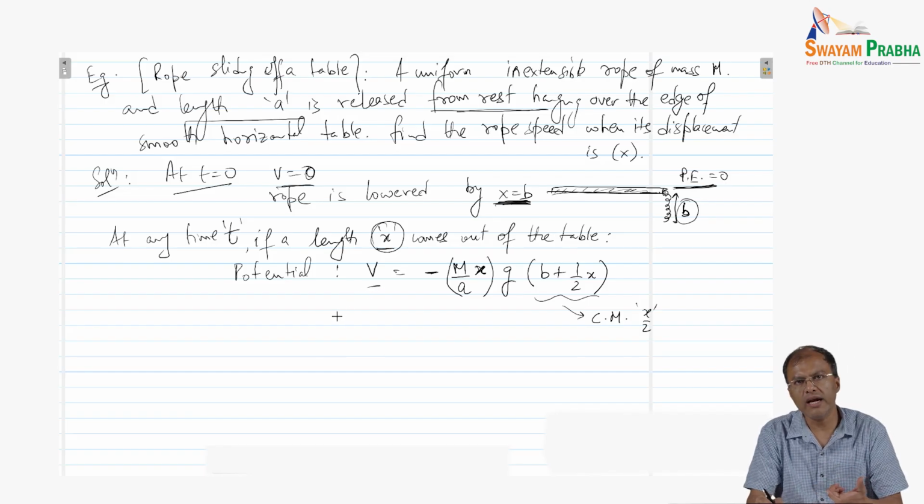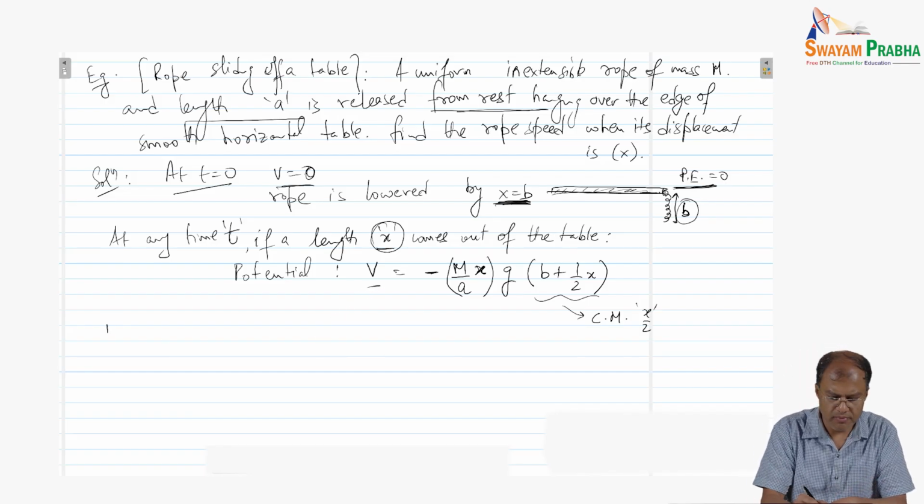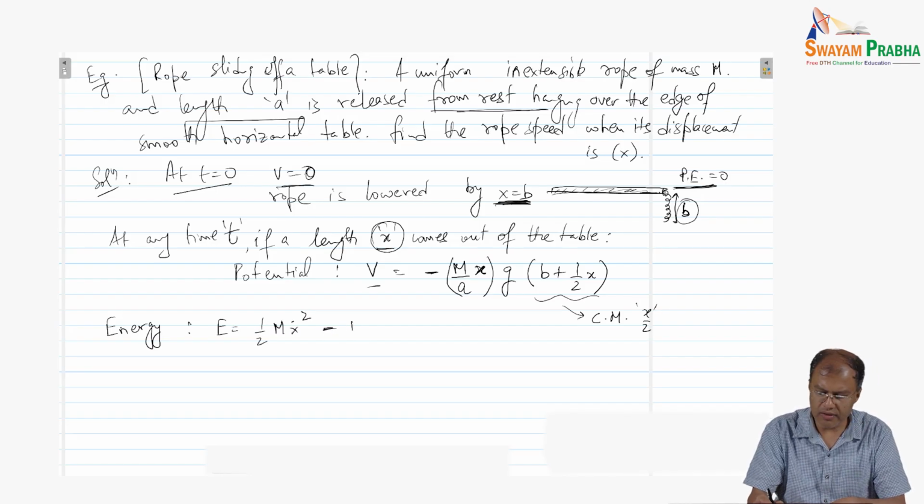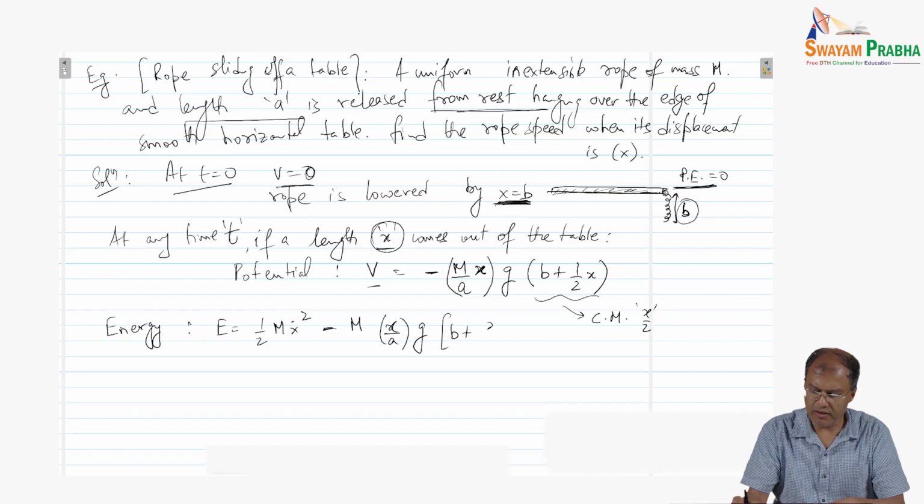So we can now write the total energy of the system. The total energy of the system is given by E, which is half m x dot square minus m x by a times g times b plus x by 2, right?